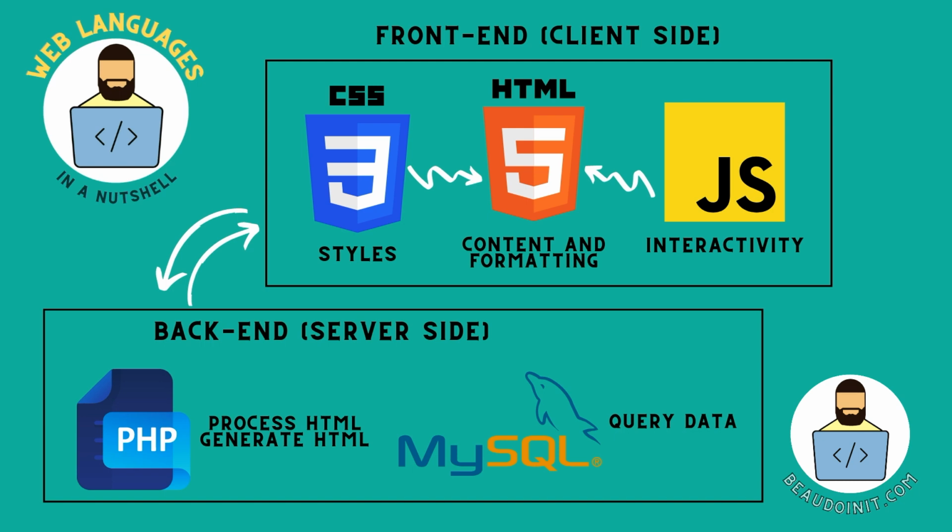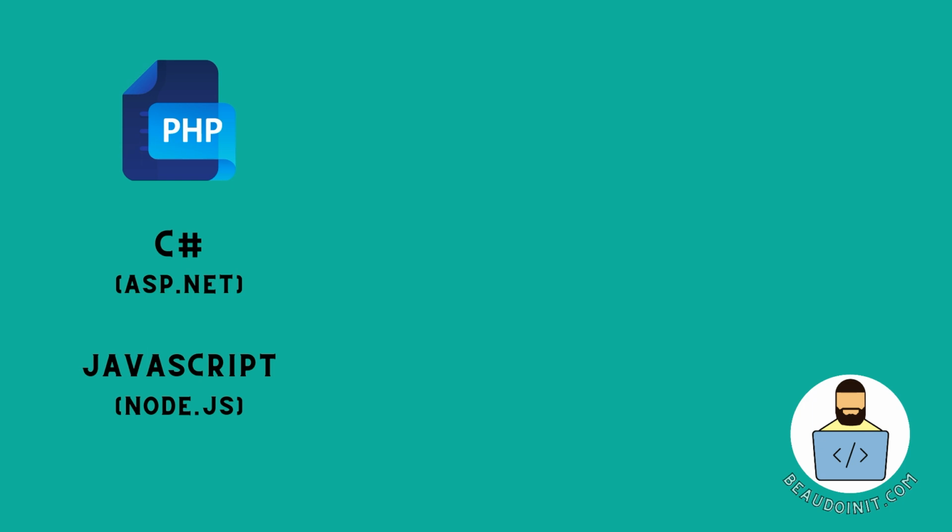Here, I would like to point out that there are other languages out there that can be used for the backend. In my series, I decided to show you the WAMP stack, hence why we installed WAMP server in the introduction to PHP. The M in WAMP stands for MySQL and the P stands for PHP. Instead of PHP, we could have decided to use another language such as C# paired with the ASP.NET framework.